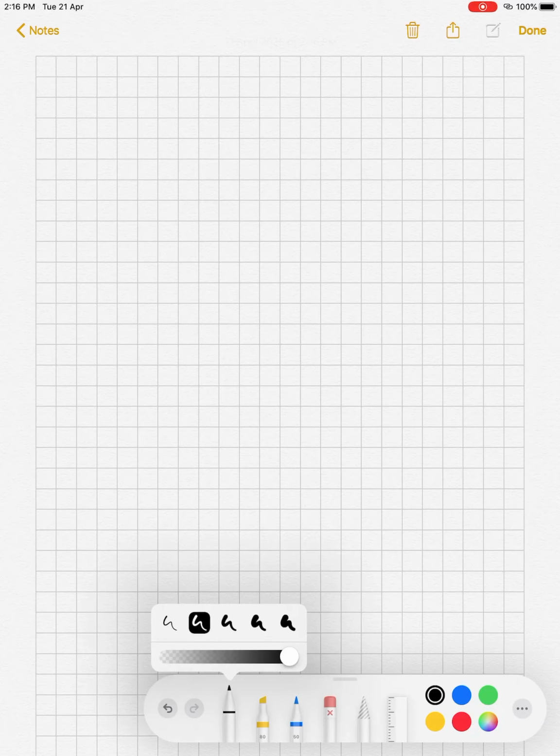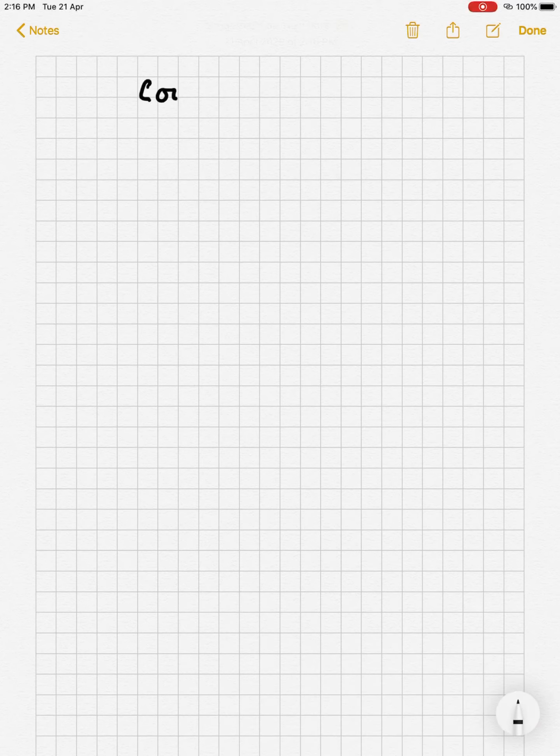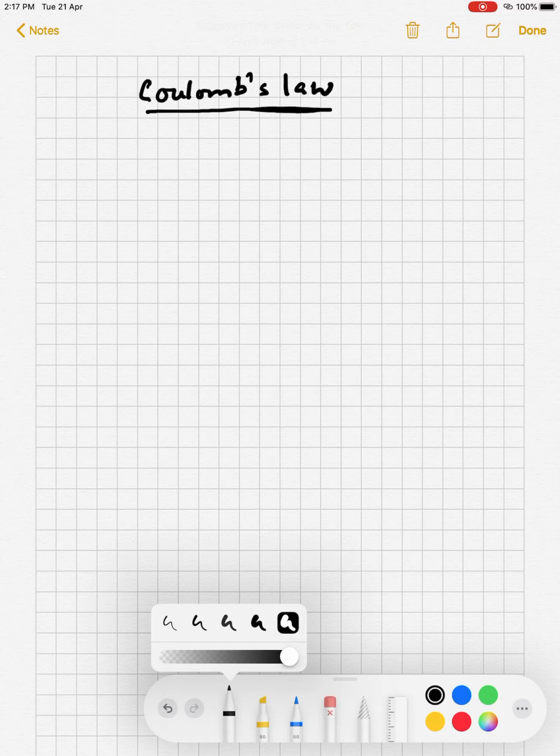Today we shall discuss Coulomb's law. So Coulomb's law is a quantitative statement about the force between 2 point charges.